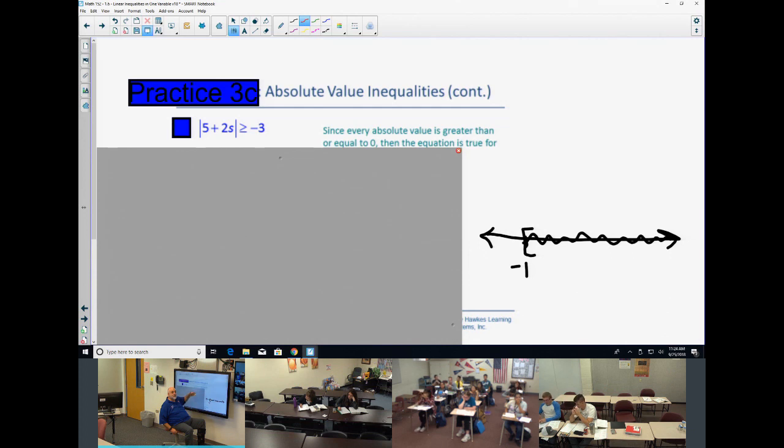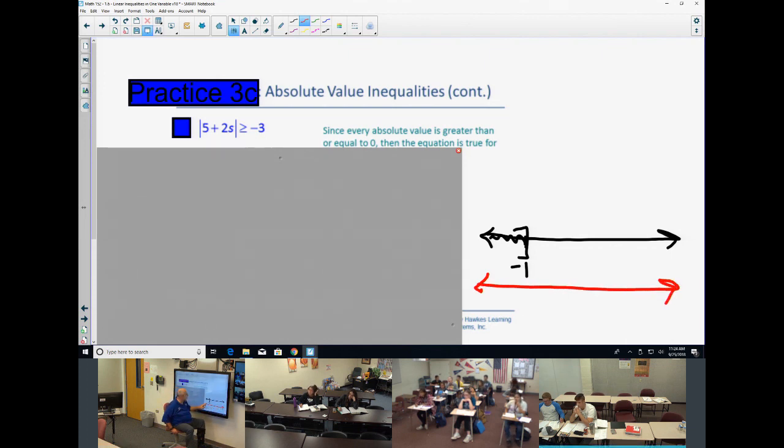What was the other part that you said? S is less than or equal to -1. Oh, okay, sorry. So less than or equal to -1. Okay, and then what was the other part? S is greater than or equal to -4.